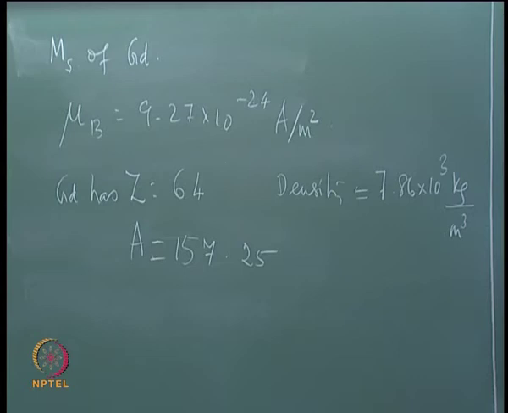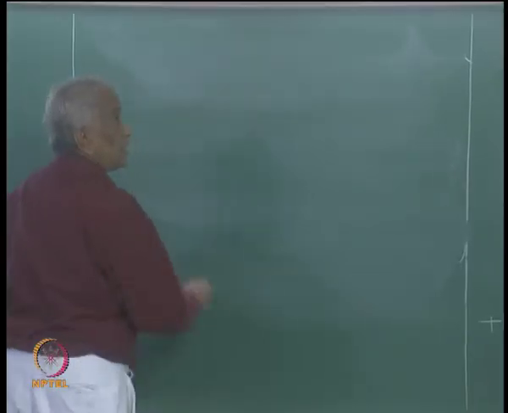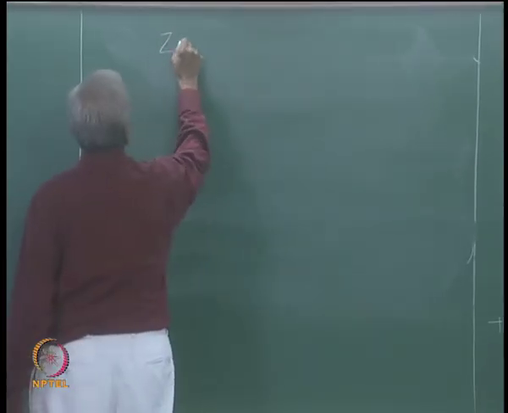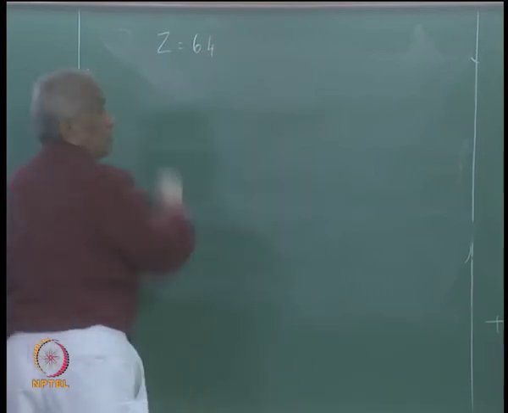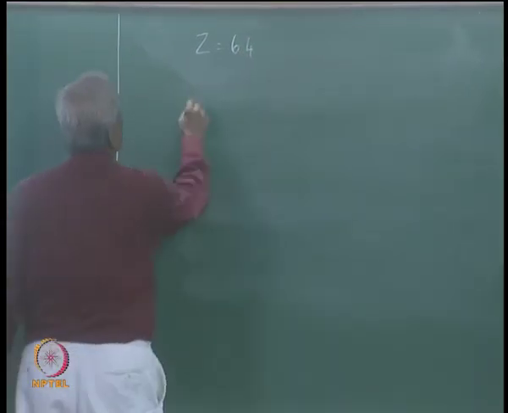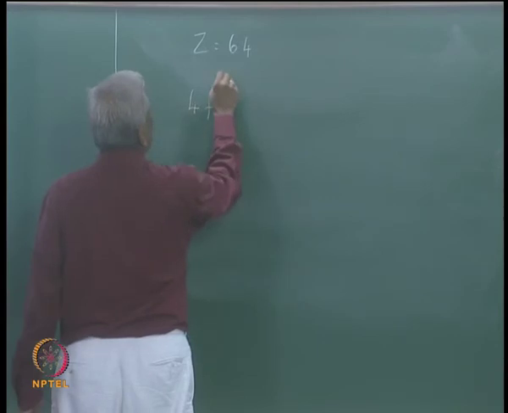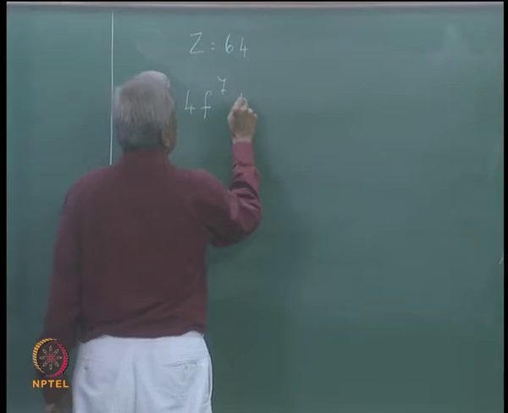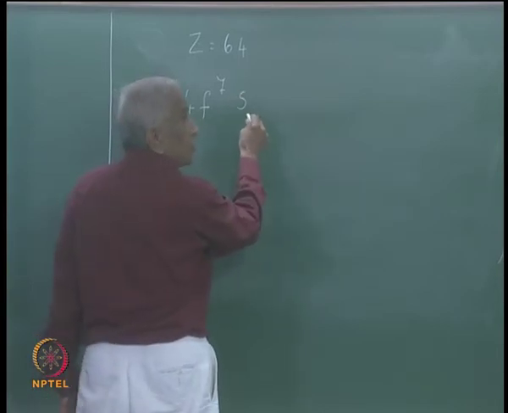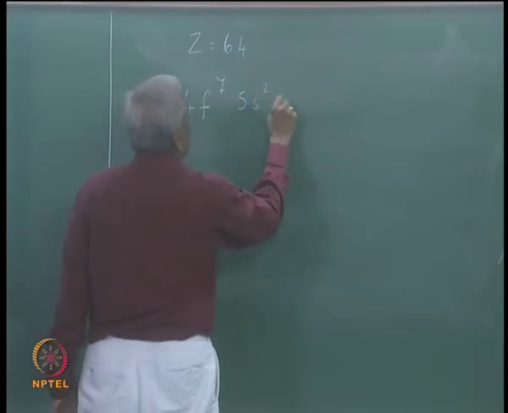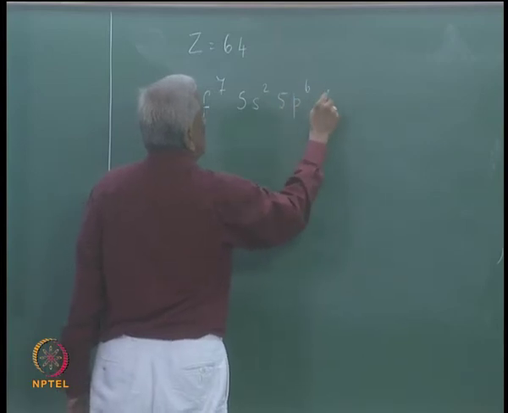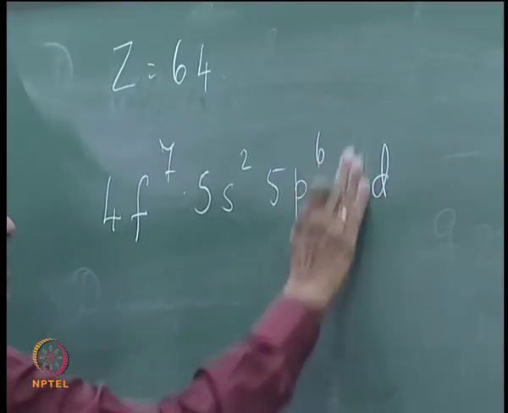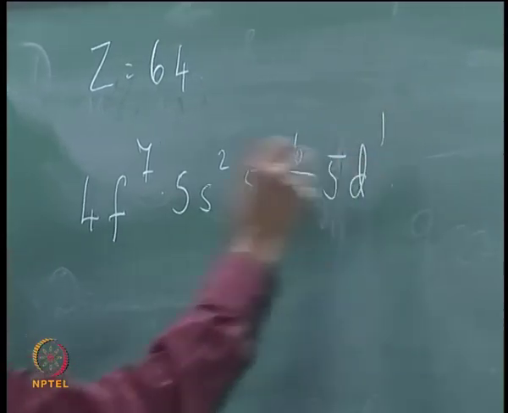In order to calculate the saturation magnetization, we have to start from the atomic number. So, the electronic configuration for gadolinium is 4f7, neglecting the inner shells, the outer electronic configuration 5s2, 5p6, 5d1.